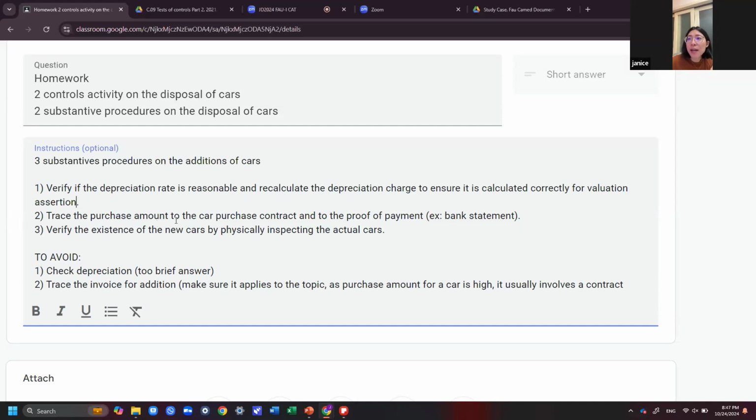Trace the purchase amount to the car purchase contract. So we're talking about cars, so it's not an invoice, it's a contract.